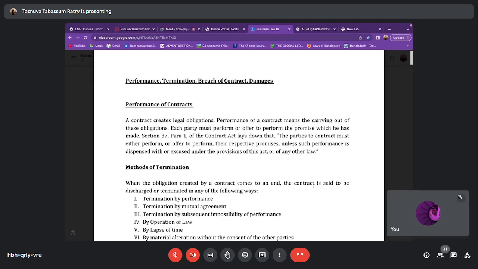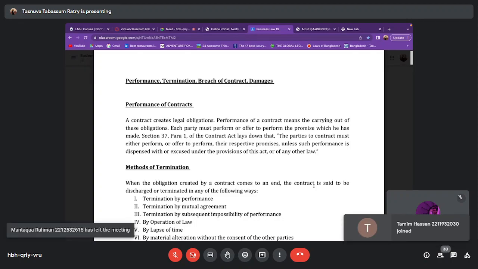Now, as a seller, my legal obligation would be to deliver the car, with all the terms and conditions that we have agreed upon. On the other hand, Samiha's legal obligation would be to pay the price for the car, the legal object of the contract. So these are our legal obligations.